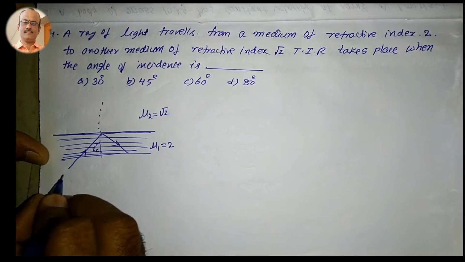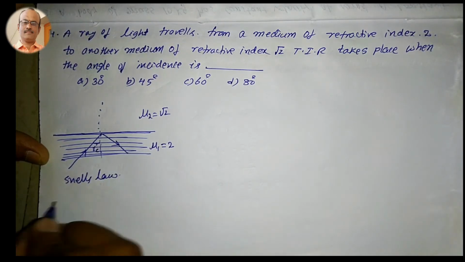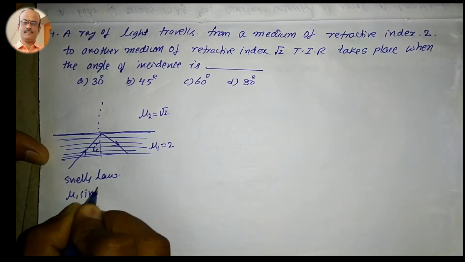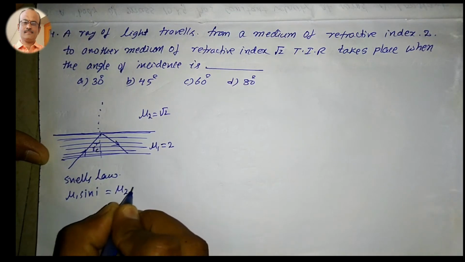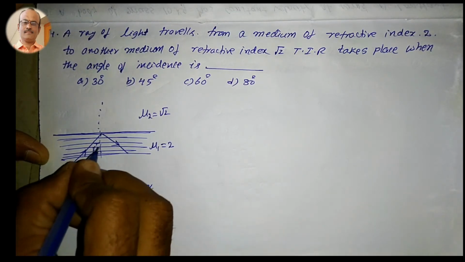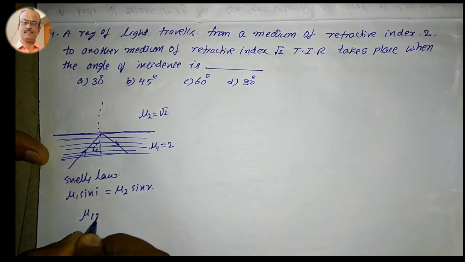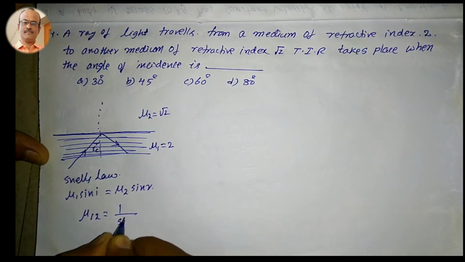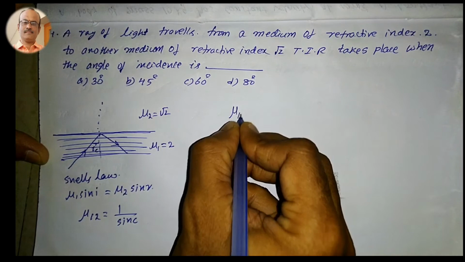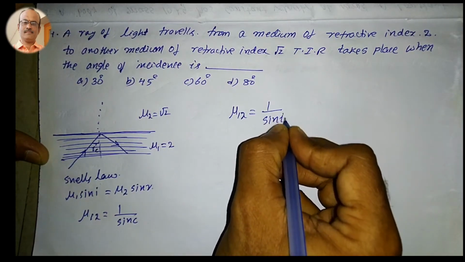So that means we know according to Snell's law, mu1 sin I is equal to mu2 sin R. But here according to the critical angle, mu1 2 is equal to 1 divided by sin C. In this condition, mu1 2 is equal to 1 divided by sin IC.